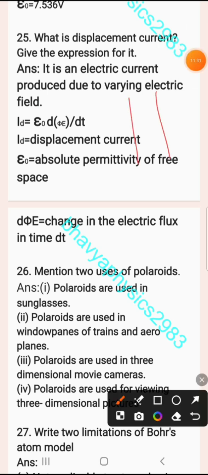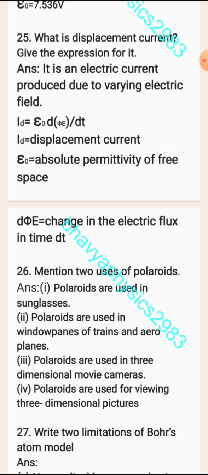Inside the capacitor, when there is a change in electric field in between two plates of the capacitor, then there is a displacement current. So this displacement current can be written as epsilon naught d phi by dt, where d phi is the change in the electric flux in time dt.